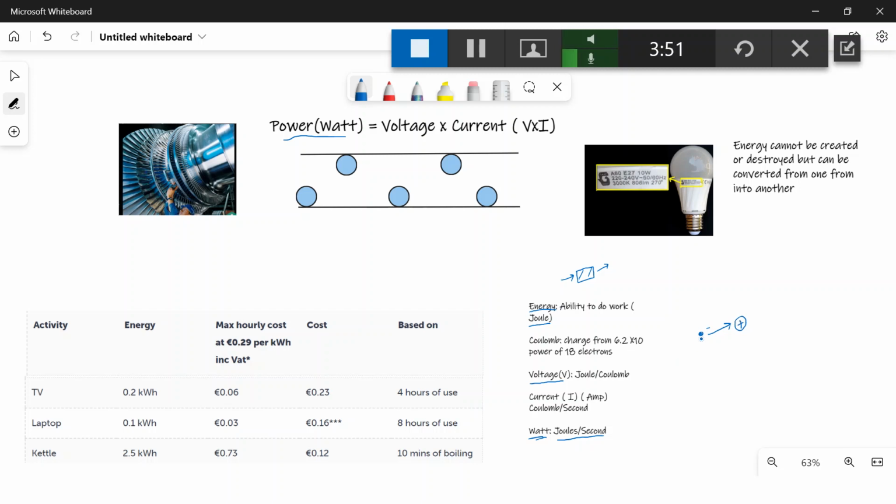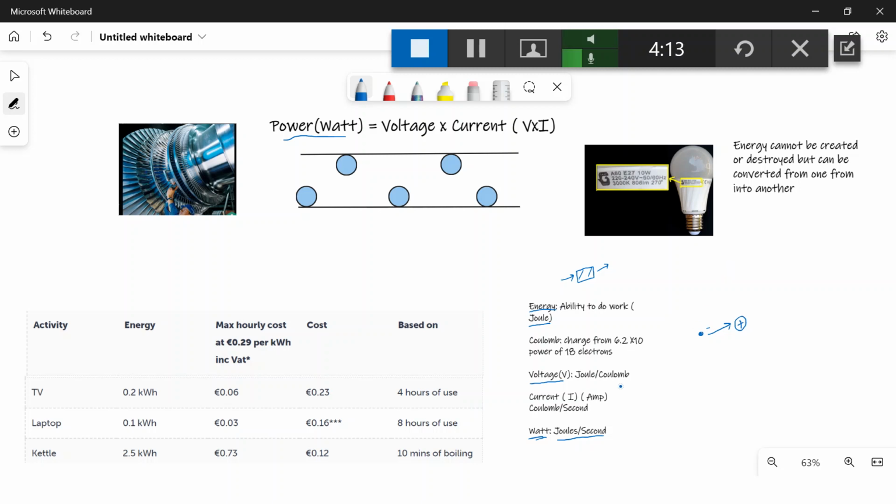Another way to think about this: when electrons move through a piece of wire, electrons are extremely small subatomic particles. If we think about, for example, a dozen eggs, that gives us a quantity of eggs that we can look at.